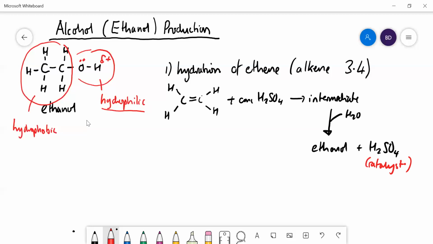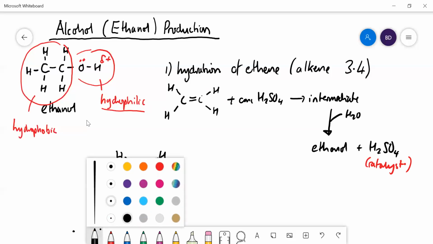Nowadays, this is not done by adding ethene to conc sulfuric, then adding water. The ethene is reacted with steam. So plus H2O gas.